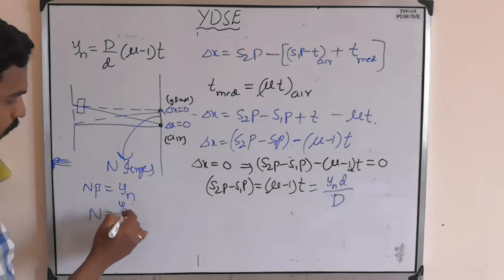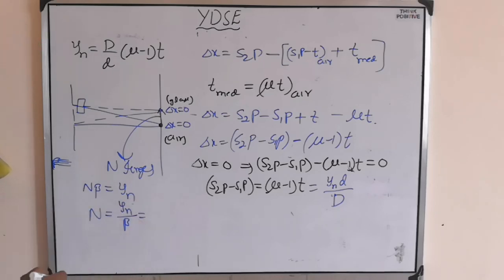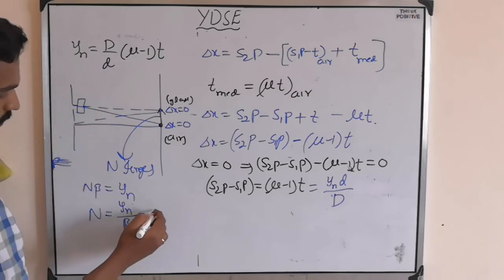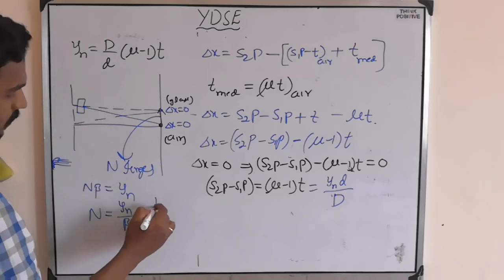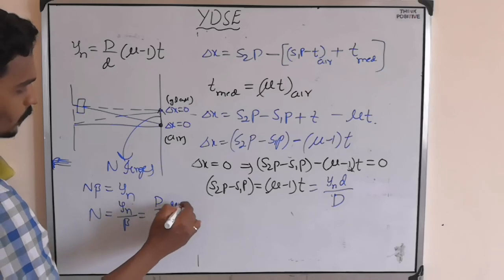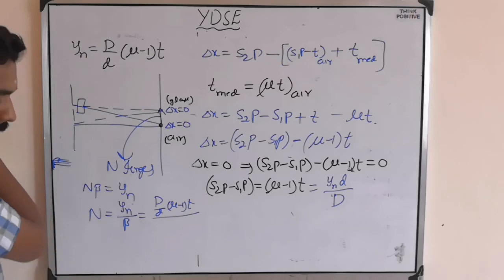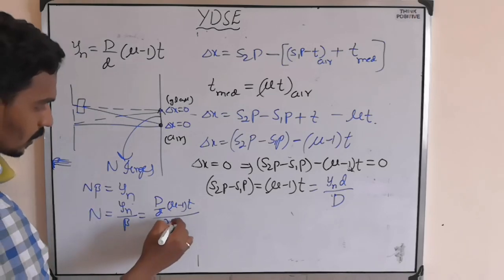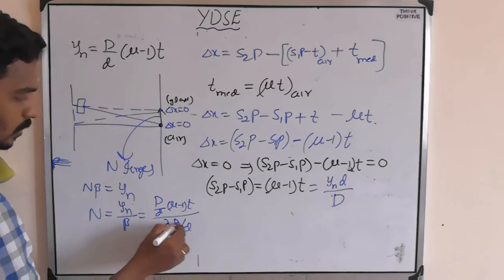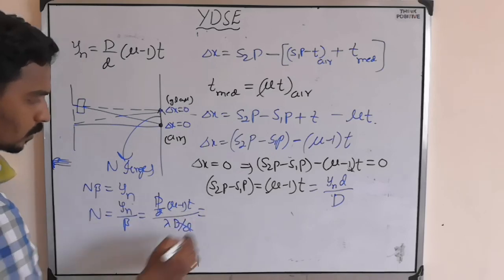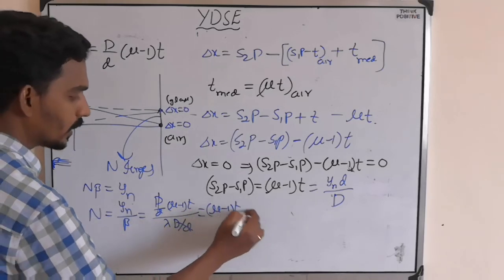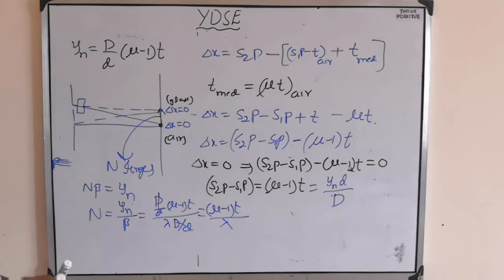So n equals Yn by beta, that is D by d (mu minus 1) into t, and beta equals lambda D by d. So D by d cancels, equal to (mu minus 1) into t by lambda.